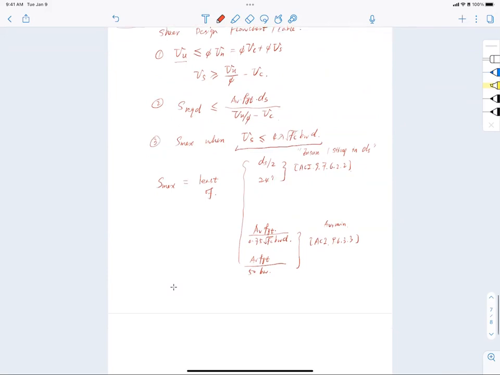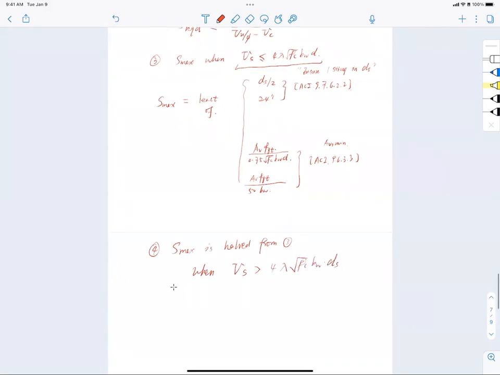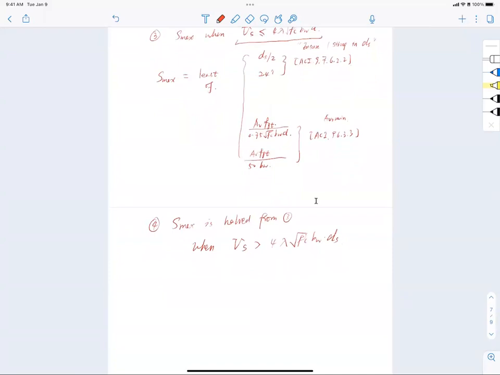All right, but now number 4, right? Number 4, S max is halved from 3 when Vs is greater than 4 lambda square root f'c bw d.